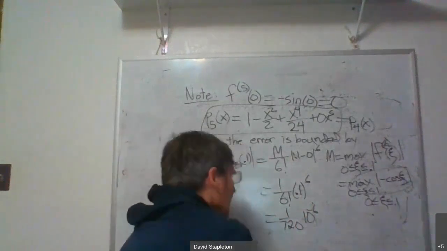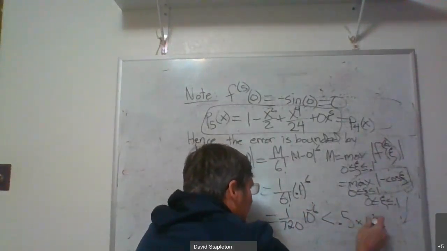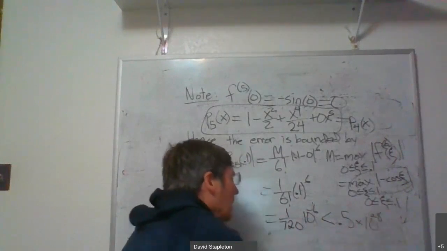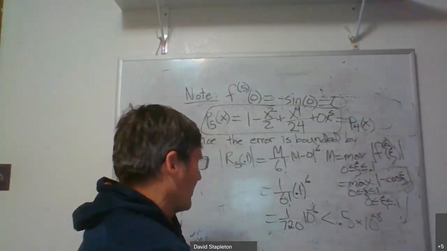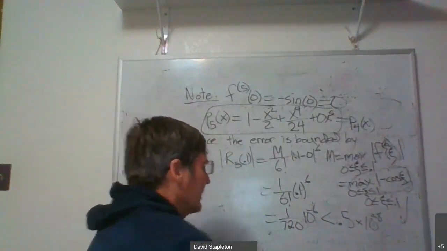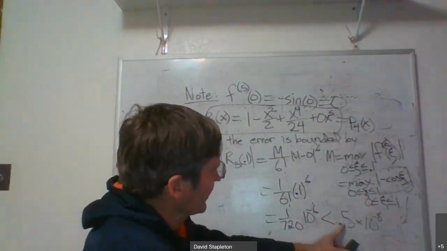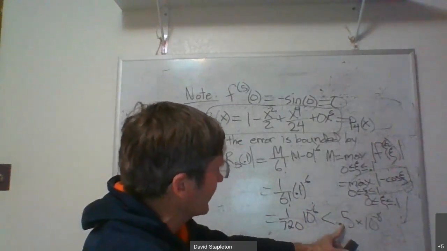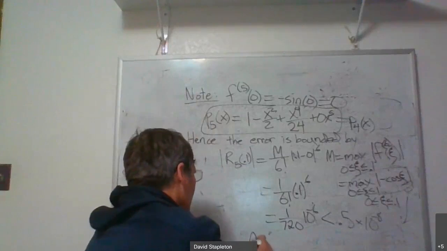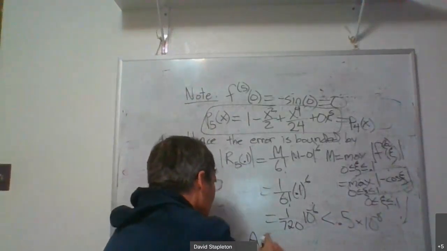So this is less than 0.5 times 10 to the minus 8, that says we're guaranteed at least 8 significant digits. If it's 5 times 10 to the minus 9, then there's at least 8 digits.